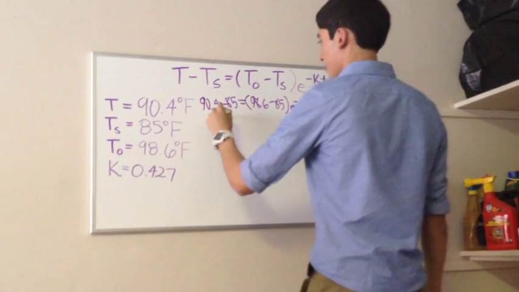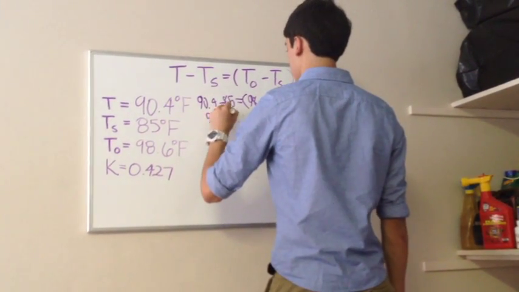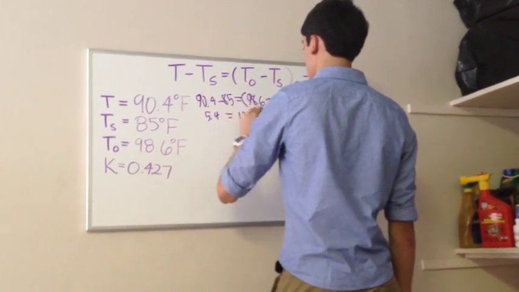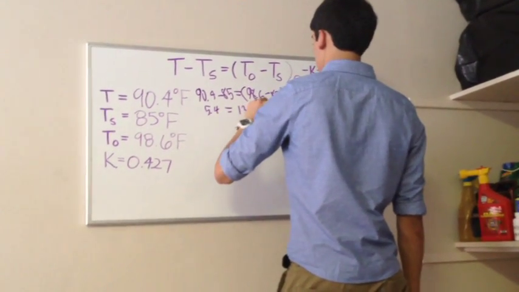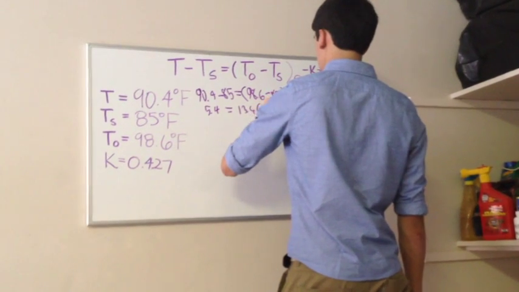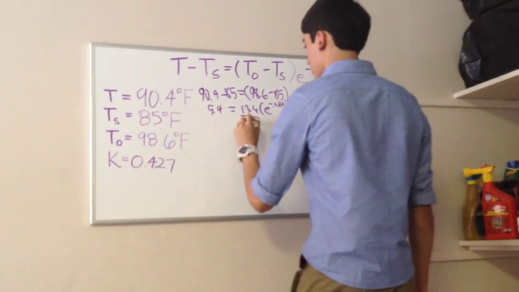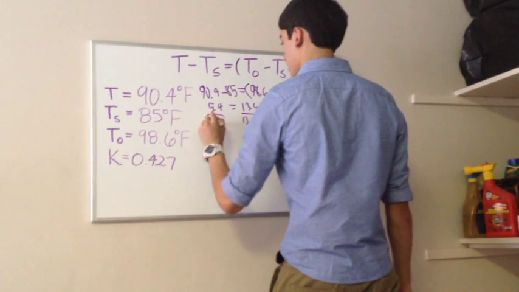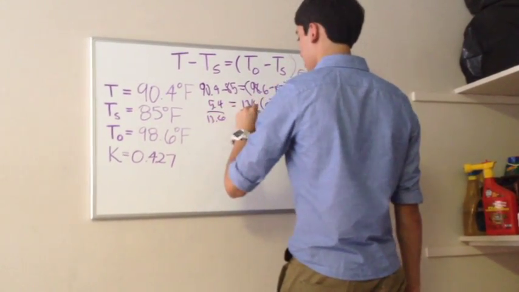Okay. So this equals 5.4, and this equals 13.6, and then it's e to the negative 0.427t. So we're going to divide by 13.6, which will cancel this out.